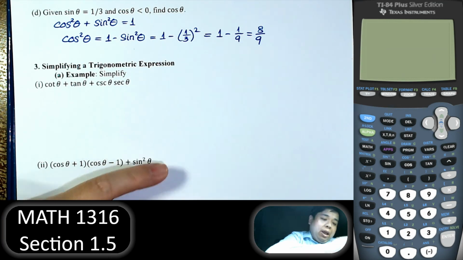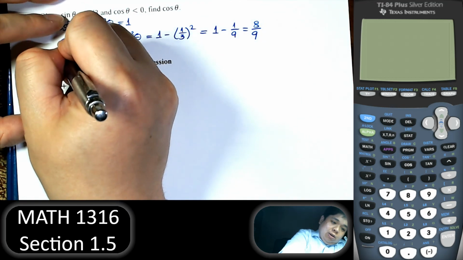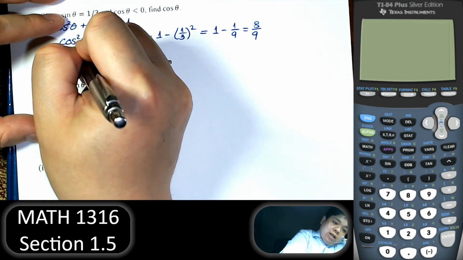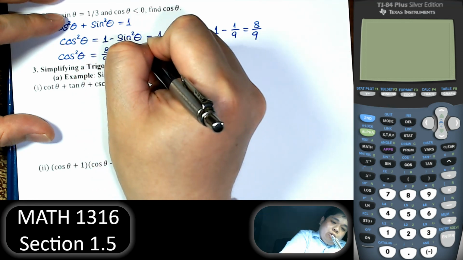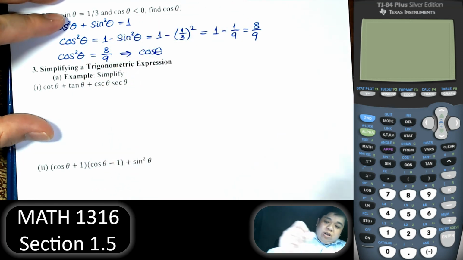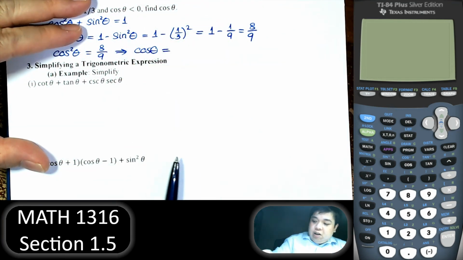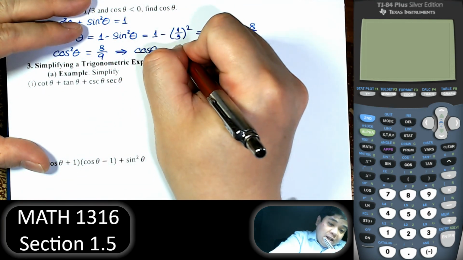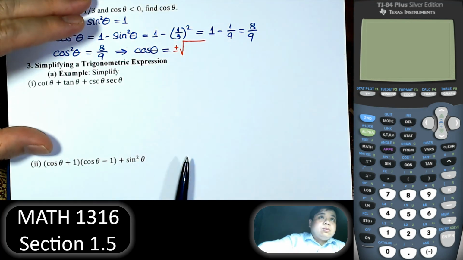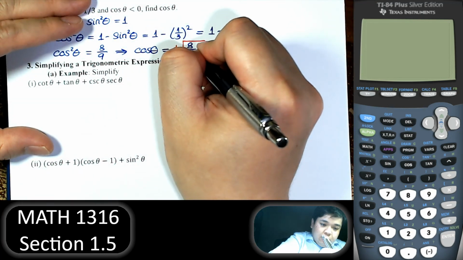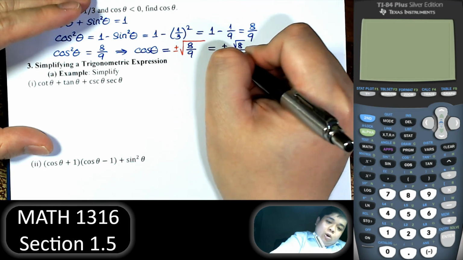And then cosine square is equal to 8 over 9. To solve for cosine, we take the square root, and every time we take the square root on both sides, don't forget it's plus or minus. So it's plus or minus square root of 8 over square root of 9.